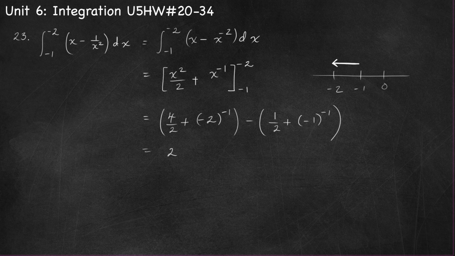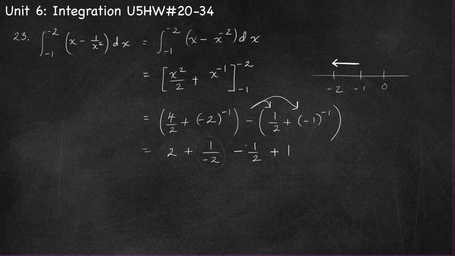Okay, so we have 2 plus, raising to the power negative 1 is the same as taking the reciprocal. So I have 1 over negative 2, or just negative 1/2. And then I need to distribute my negative sign here. So minus 1/2 minus negative 1 to the negative 1 is just the reciprocal of negative 1, which is still negative 1, but I'm distributing that negative, so then plus 1.